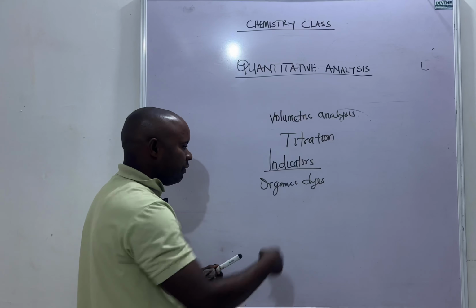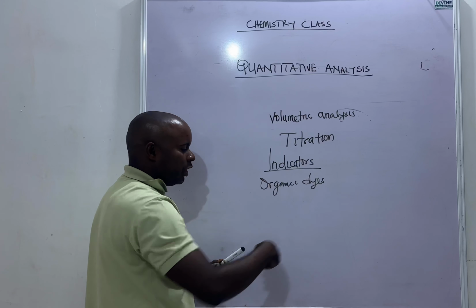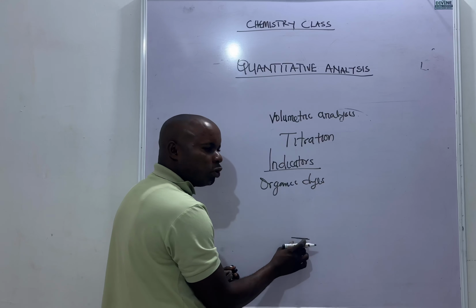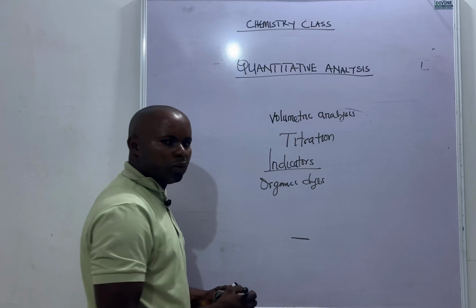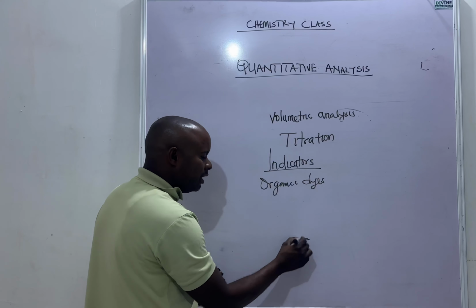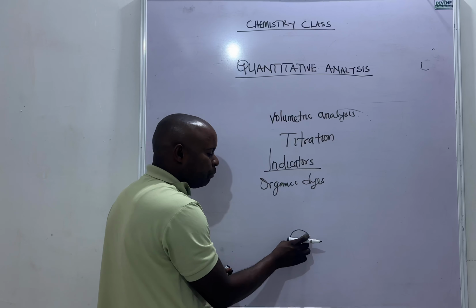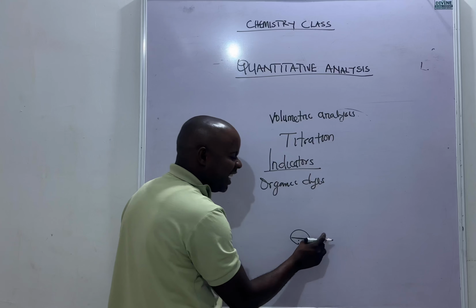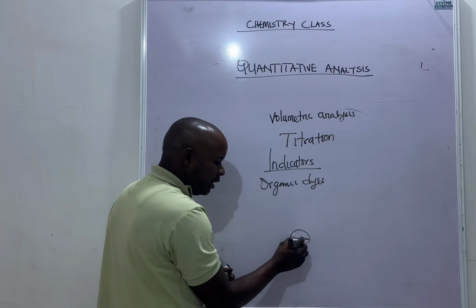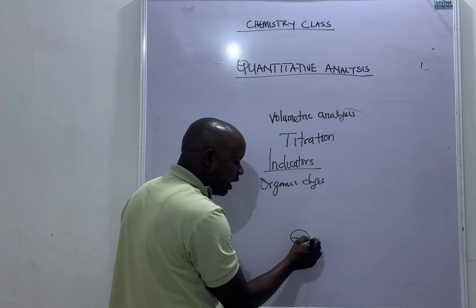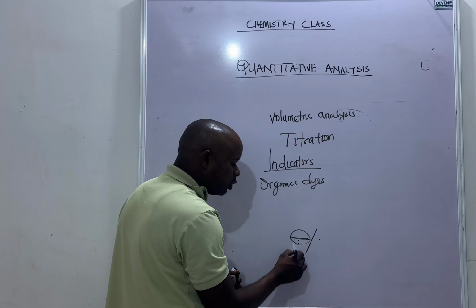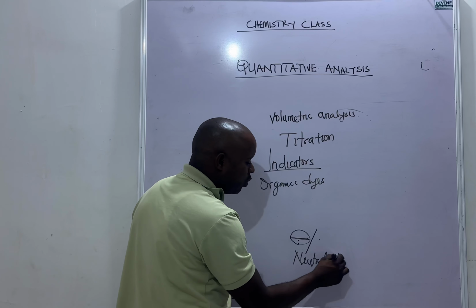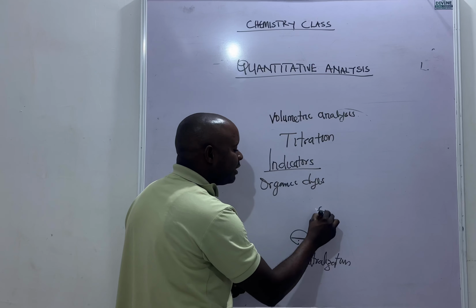If I put an indicator in a solution, the pH of that solution will determine the color of the indicator. If there's a change from the initial color to another color, that point of changing from one color to another is known as the neutralization point. In common terms, we call it the endpoint.